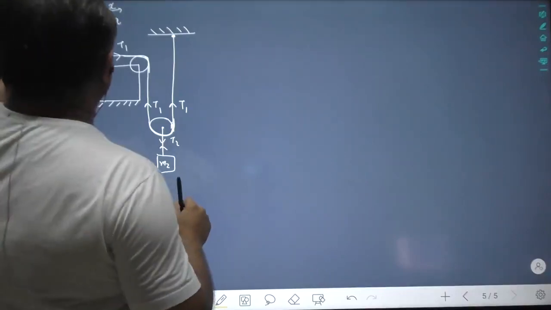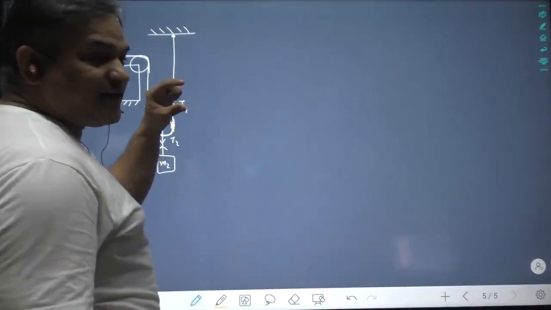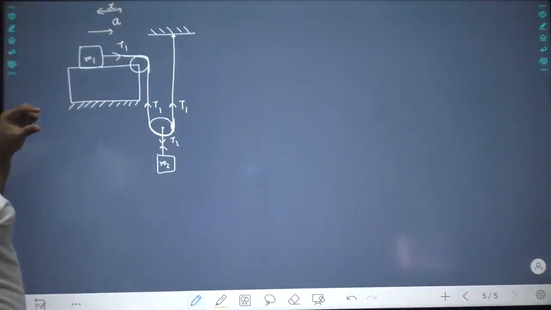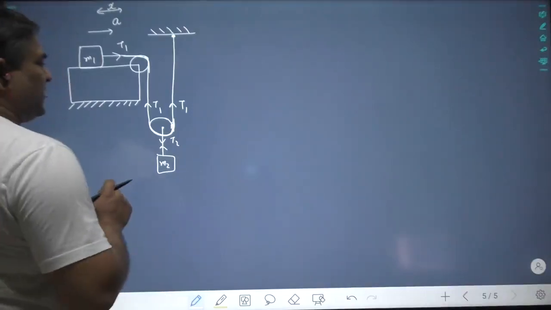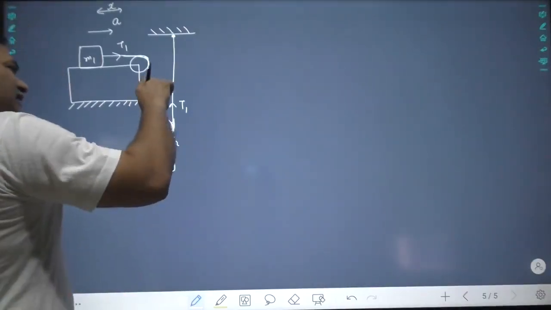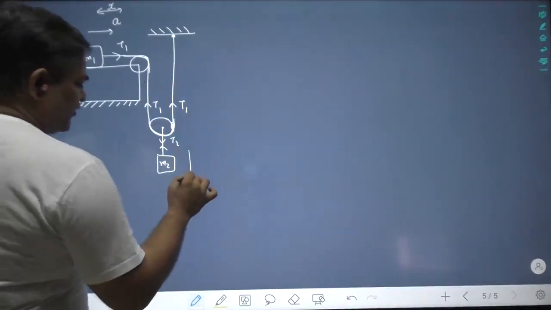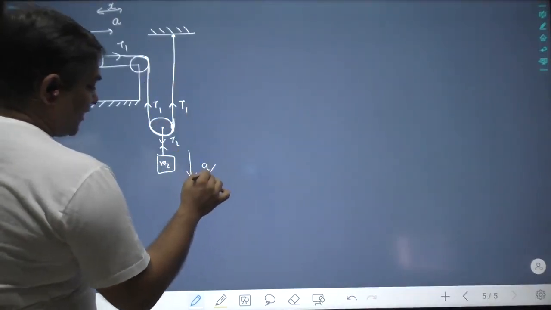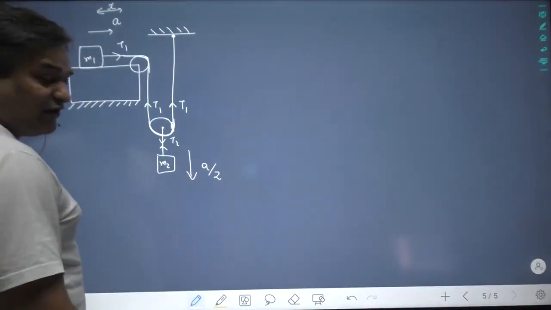Now X forward it has moved, so X part of string is with me. But this X part of string has to be distributed along this and along this. So X by 2 here, X by 2 here. So the acceleration will be A by 2. It will not be A.